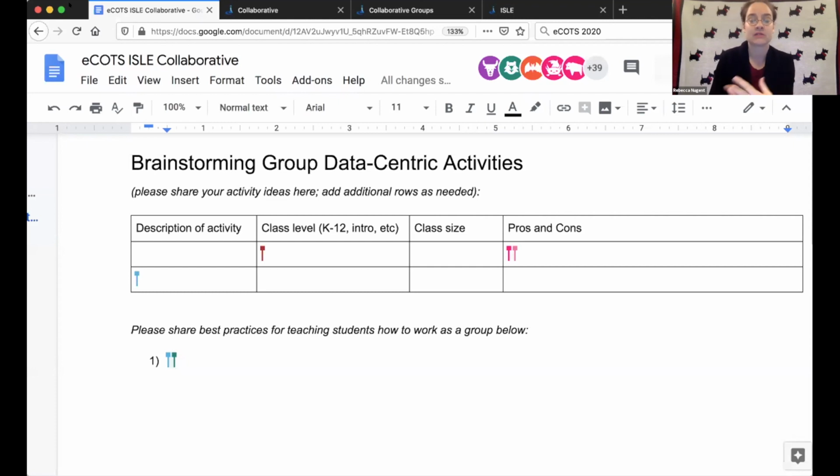So we're thinking about the description of the activity. Are you working in K-12, intro, advanced? Is it a small class or a large class? And here are some things that work well, and here are some things that don't. We can let that sit for a second, and people can add things, and then we'll come back to it. So let me go back to the talk.